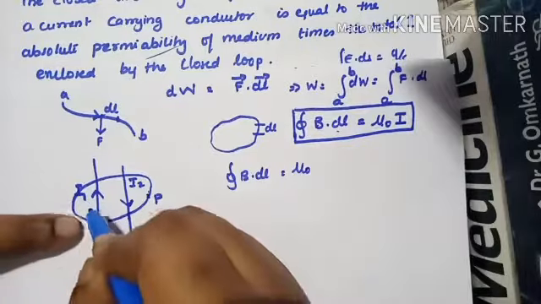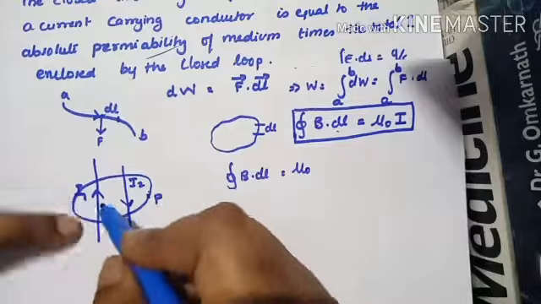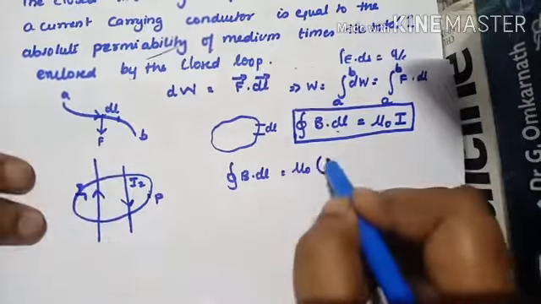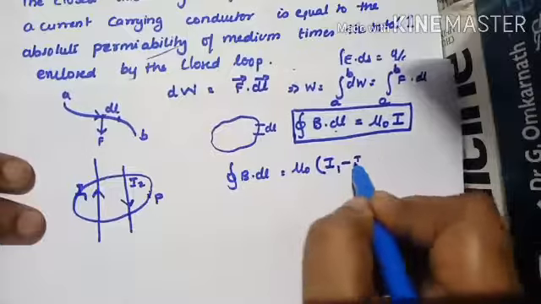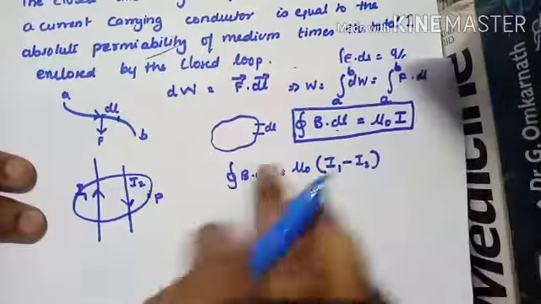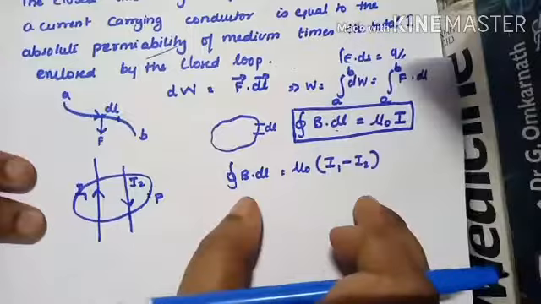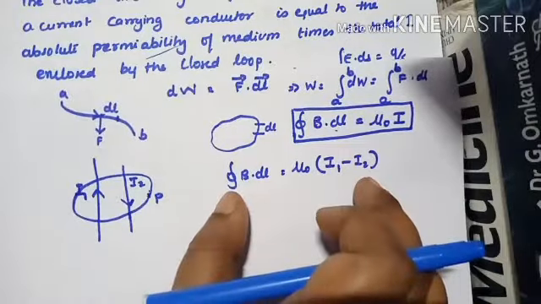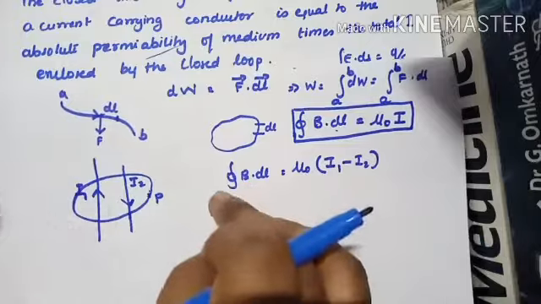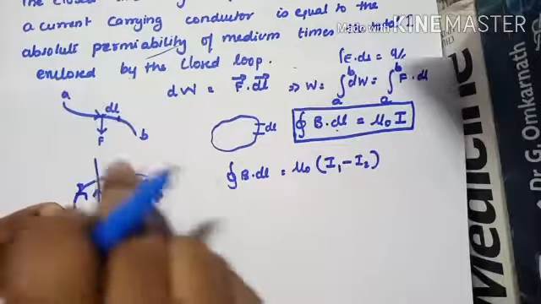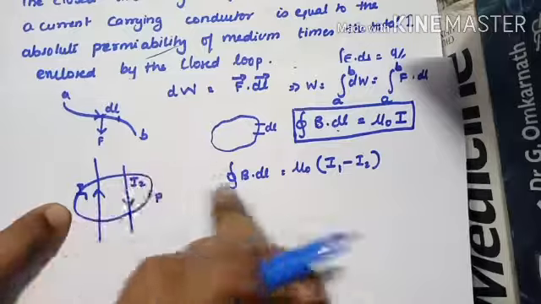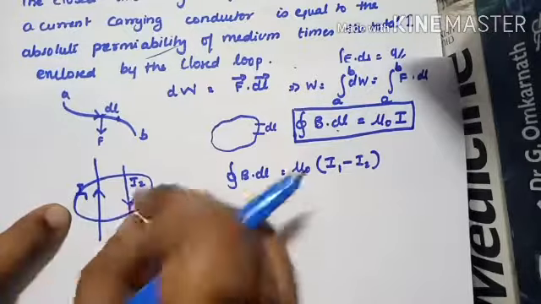Suppose I take I1 as positive in this direction, then I2 will be negative. As per the statement, it is I1 minus I2. You just have to write like this as per Ampere's circuital law. That's the closed integral of B dot dl for this entire loop, where B is the magnetic field and dl is a small length.